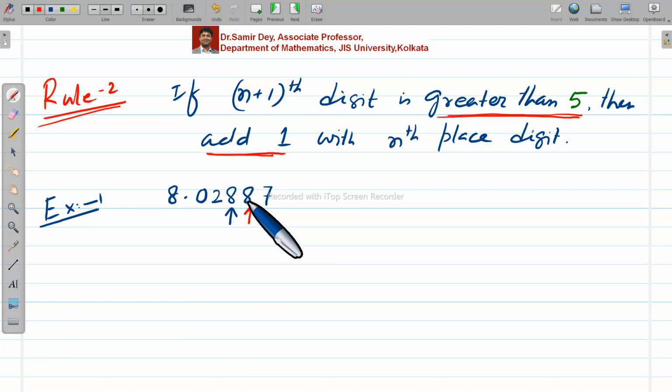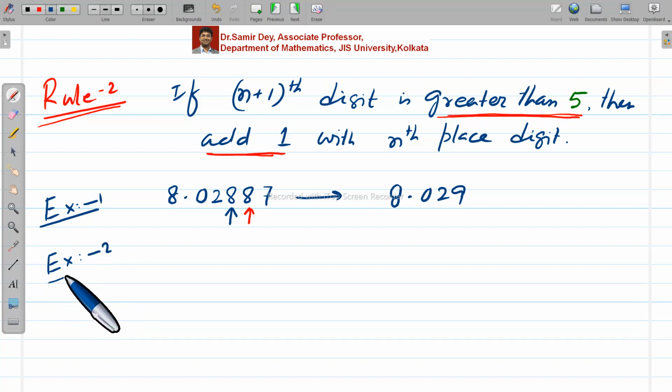Here the next digit is above 5. So as per the rule, if it is above 5, then you have to add 1 to the nth place digit, which is your required position. Then what will be the answer? Your answer will be 8.029. Is it clear?